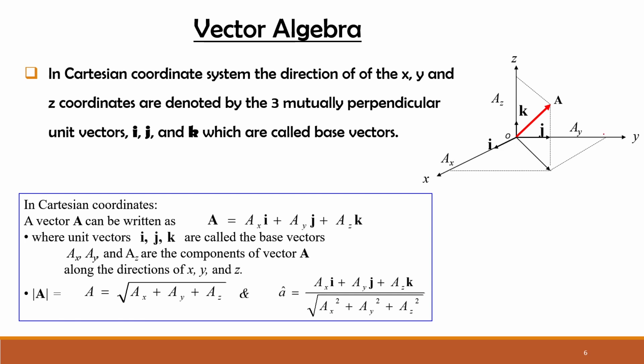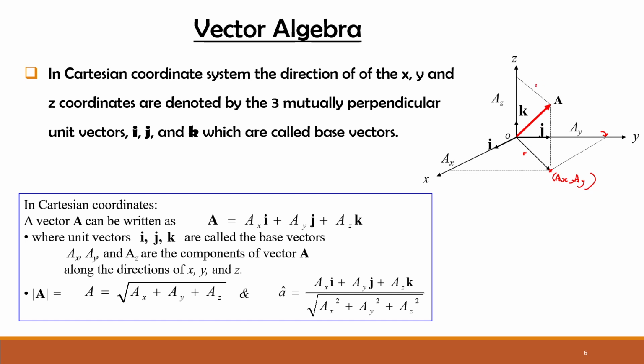At this point is ay, then you draw a line parallel with your x-axis, and this point will be the coordinate (ax, ay). When we connect here, this is what in polar coordinates would be the r.